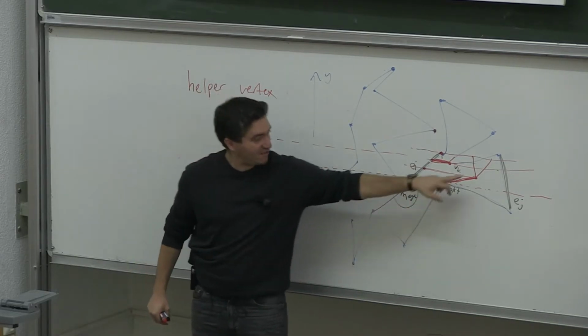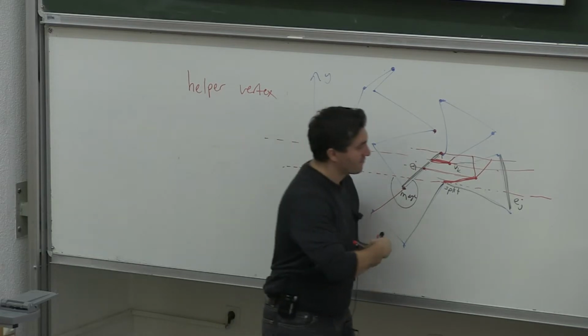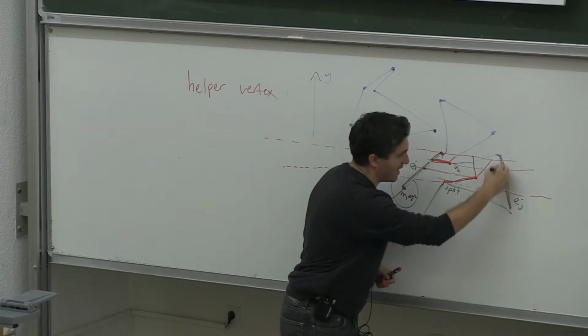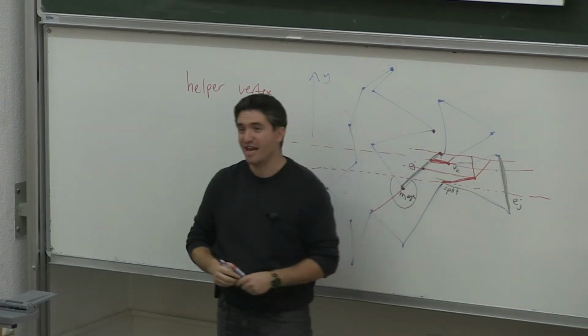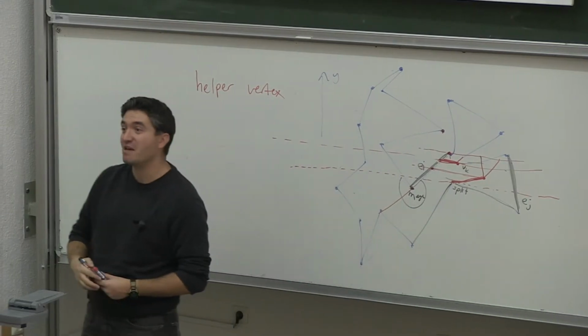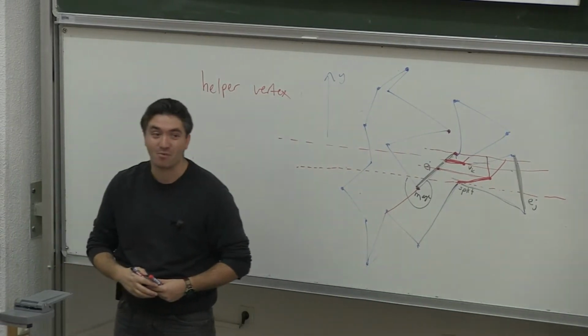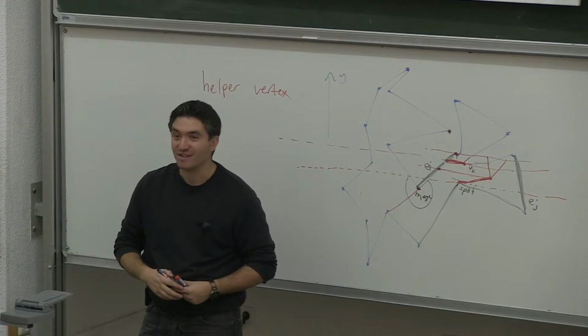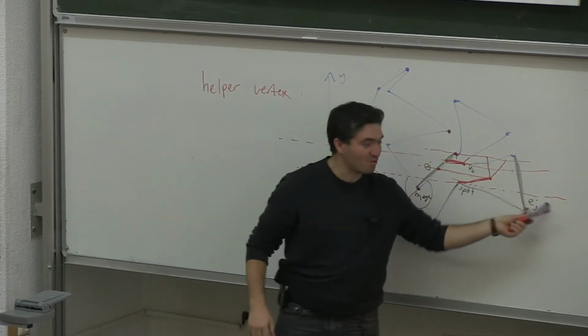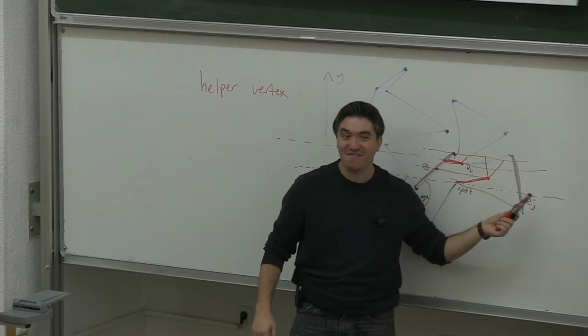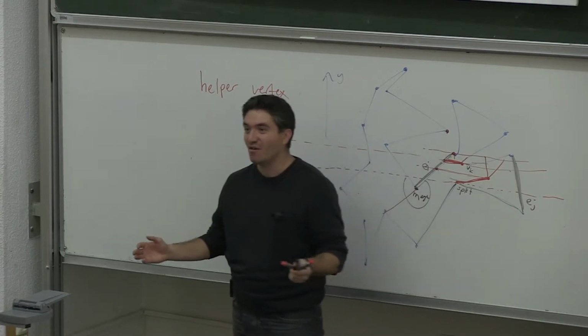Look at this edge here. Can it be a left neighbor of an event point? Never, because this part is outside of the polygon. So it can never be the left neighbor of an event point.